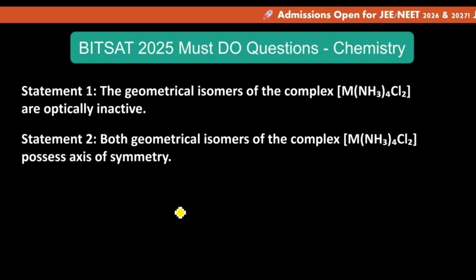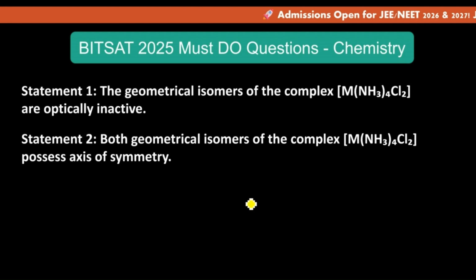Then the geometrical isomers of the complex, this is optically inactive. And statement 2 says both geometrical isomers of the complex possess an axis of symmetry. So first let's analyze this complex. MNH3 4 times Cl2, which is an octahedral complex, right?